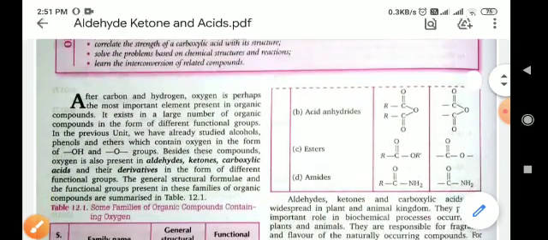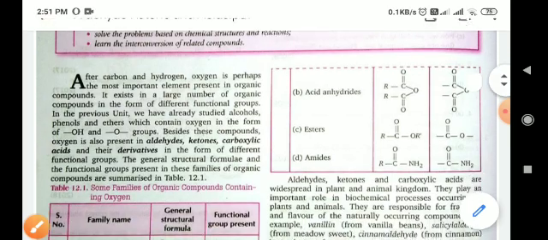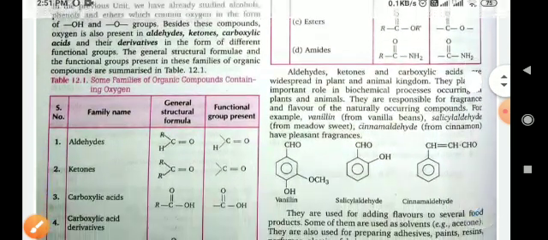If the same unit of carbonyl group is present, they are known as acid anhydrides. If OR is present, they are known as esters, and if NH2 is present at this point, then it is known as an amide. So these are basically the derivatives of carboxylic acids.